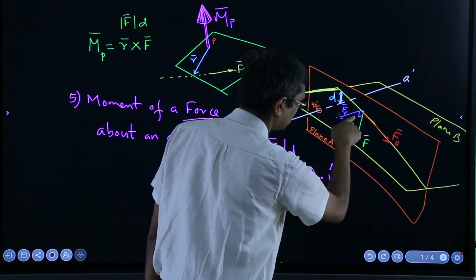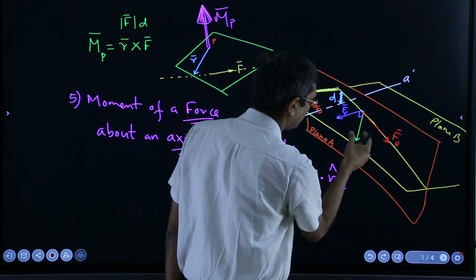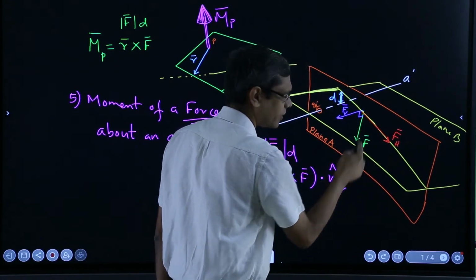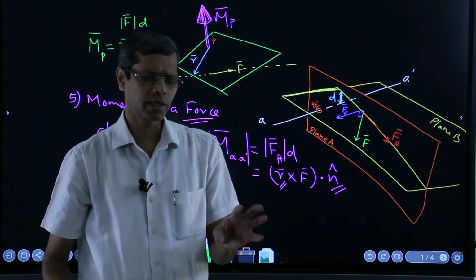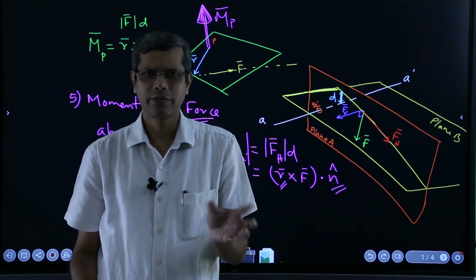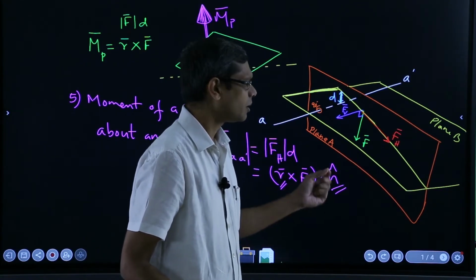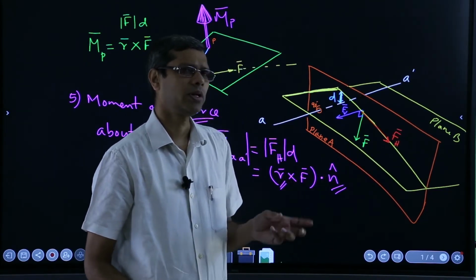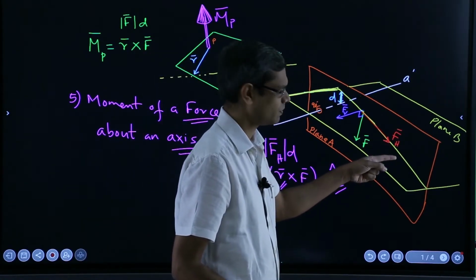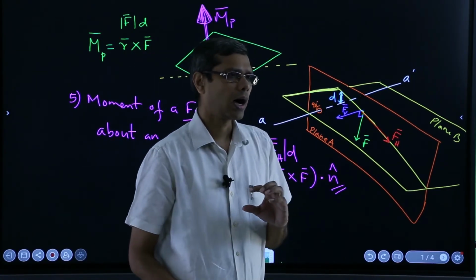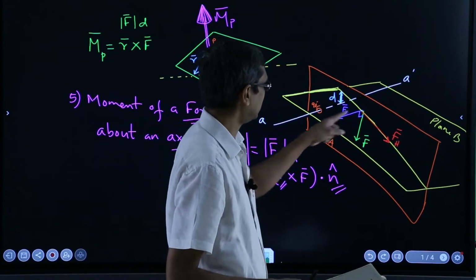That is how we get the physical meaning that the vertical component of F does not contribute towards any rotating effect from the vector F. The part which is contributing to the rotating effect is this FH. Now, how to get that portion FH is by this.